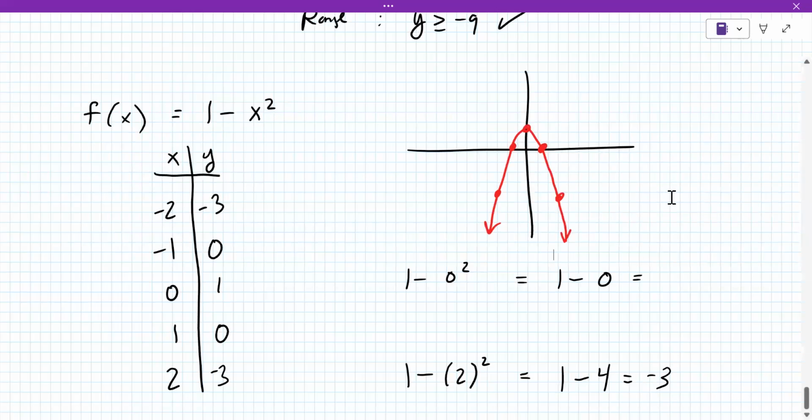I keep getting maximum and minimum mixed up. Yeah, I would think of it like, if you're standing here, are you king of the mountain? When you're king of the mountain, you can see everything.